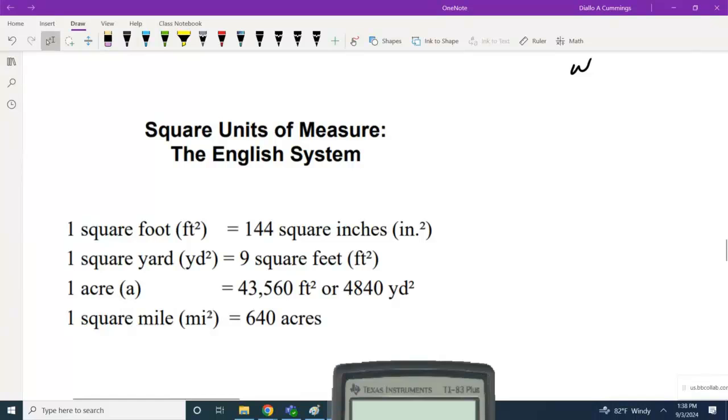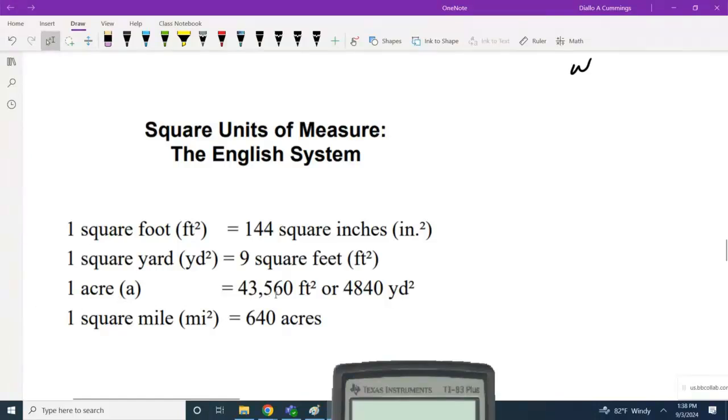1 acre is equal to, so now when you talk about acres, you don't really talk about those things in square units. Acres are understood to be an area measurement. So when you see the word acre, you're not going to see square acres, but they're talking about area.